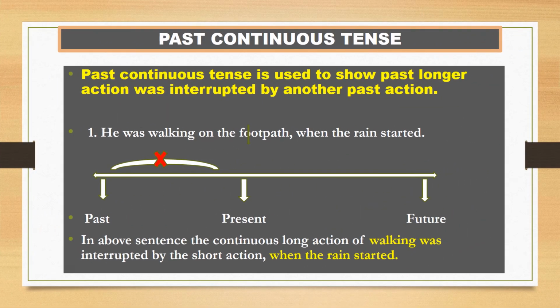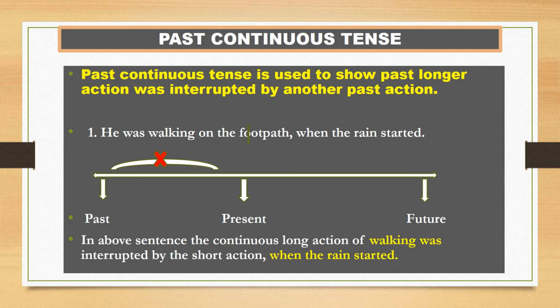Now the next use of past continuous tense. Past continuous tense is used to show a longer past action that was interrupted by another past action. See the example. He was walking on the footpath. This is past continuous tense. This action was interrupted, it was broken by another action, that is, when the rain started.